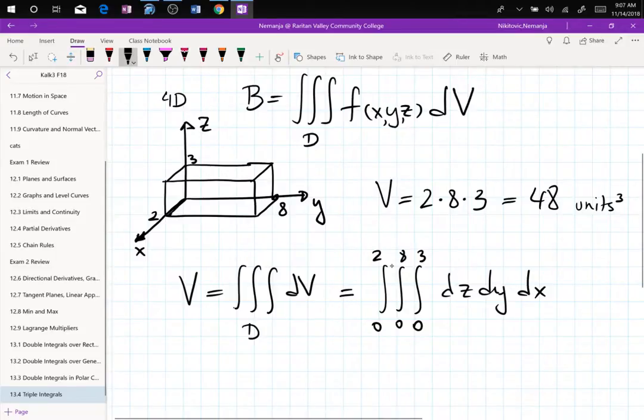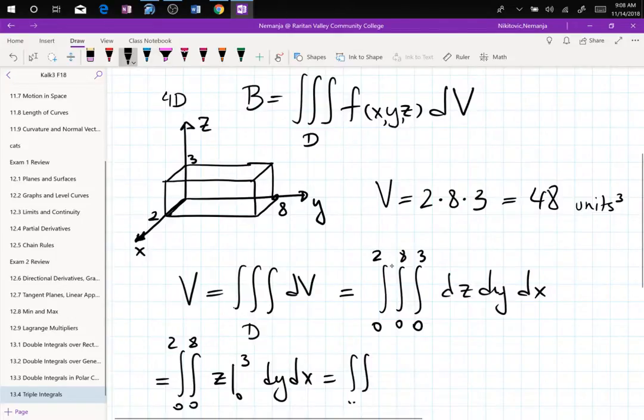So when you compute this, you have two outer integrals, 0 to 2 and 0 to 8. The inner integral is just z computed from 0 to 3. You still have dy dx. So now that's the double integral 0 to 2, 0 to 8. This becomes 3 dy dx.